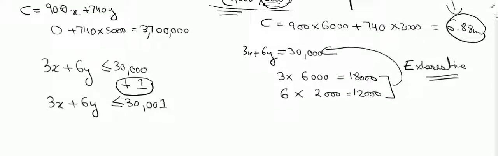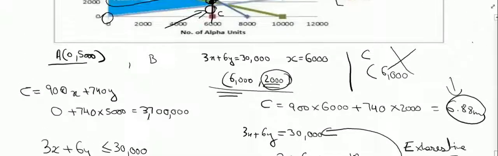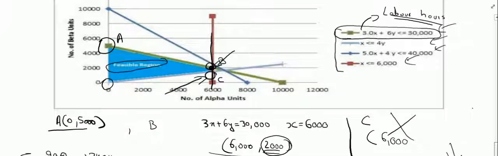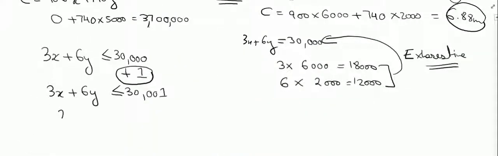So if I had 3x plus 6y less than or equal to 30,001, if I had one more labor hour, now my green line had a revised equation of 30,001 and the red line had equation of x less than 6,000, and my corner points would have been 6,000, and for y, 30,001 minus 3 into 6,000, which is 18,000, divided by 6 makes it 2000.17.